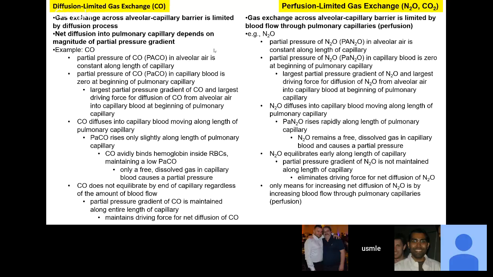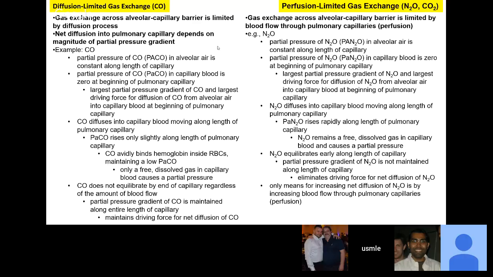So each of them is going to be different. Remember that nitrogen usually goes in and goes out without much issue, so it's pretty much very free, depending on the percentage of it that is going to move. And it's going to be mostly perfusion limited more than anything else.